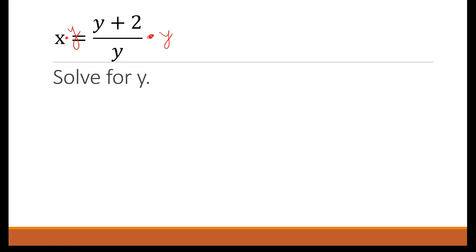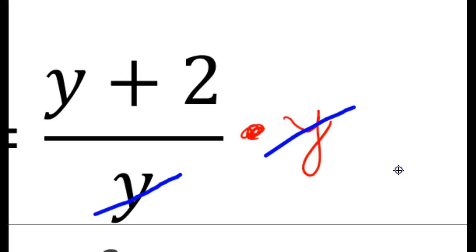Alright, if we do that, notice that our y's will cancel out from the right side. That's what we want. X times y is just xy equals y plus 2. Very interesting because we have y's in 2 different places. Always get your variables together.